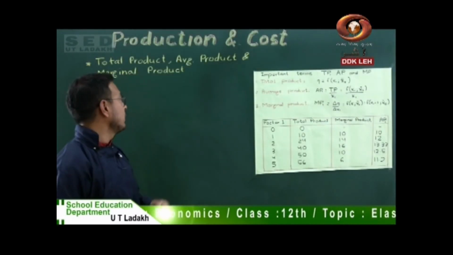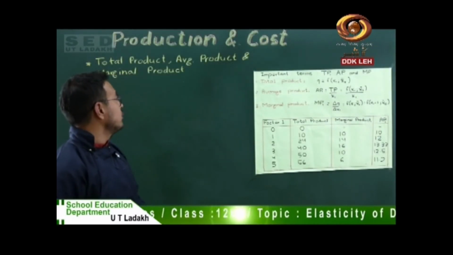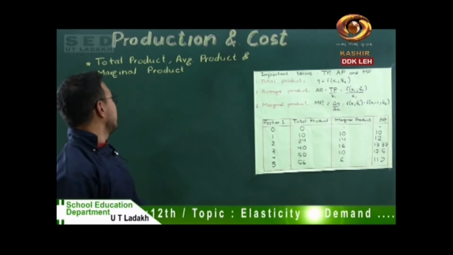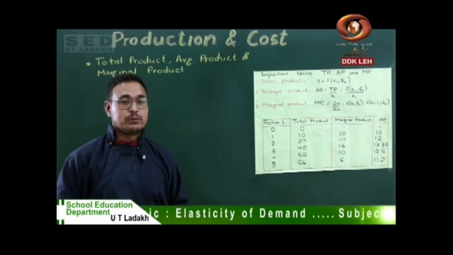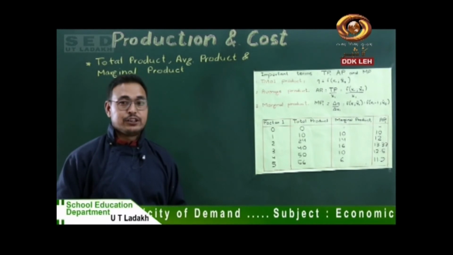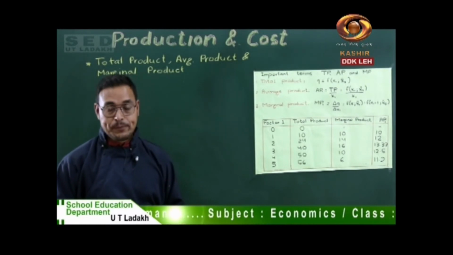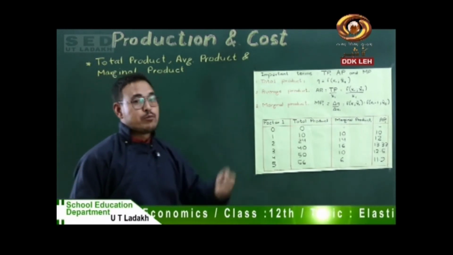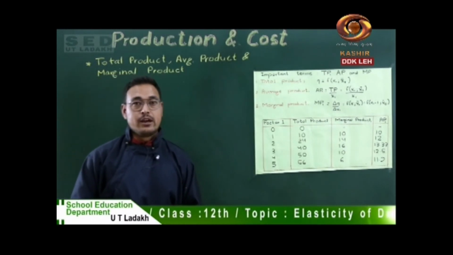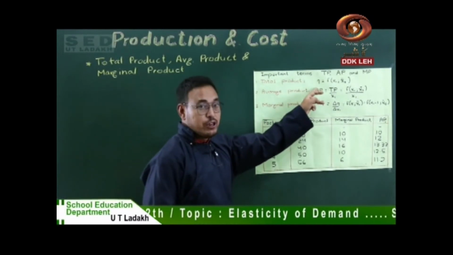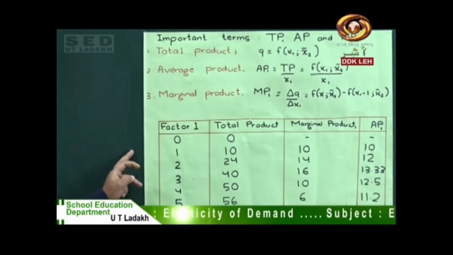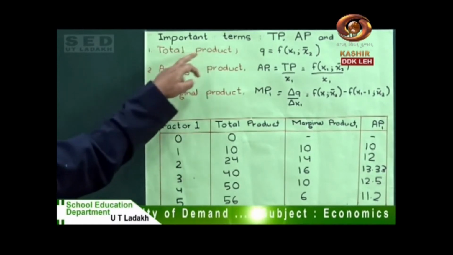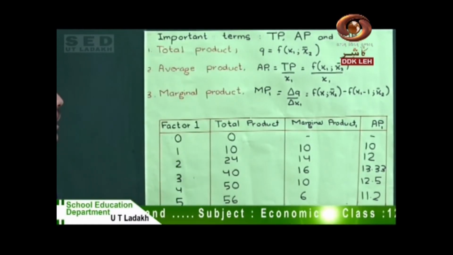So the next subtopic is about total product, average product, and marginal product. Now these concepts are largely related to your short run production function. First is total product. What is total product? Basically, if you look at this particular chart that I am using, there's an equation for your total product.